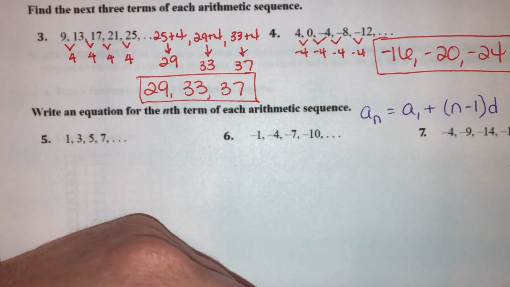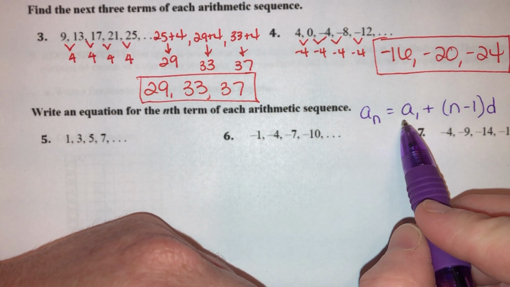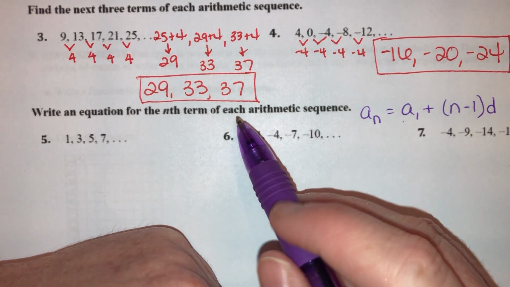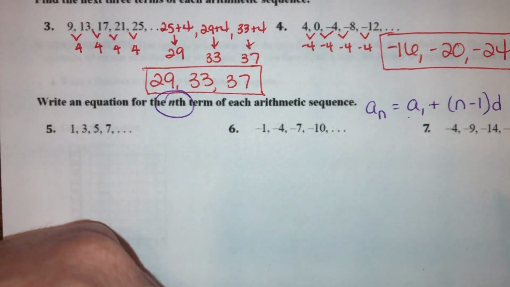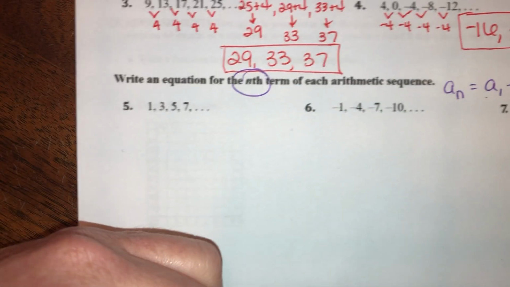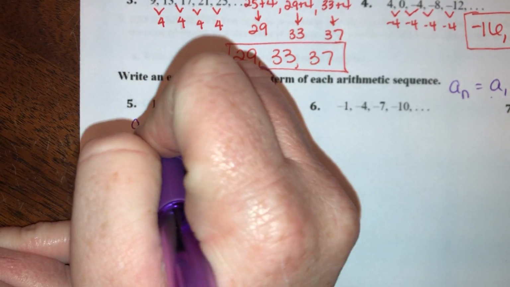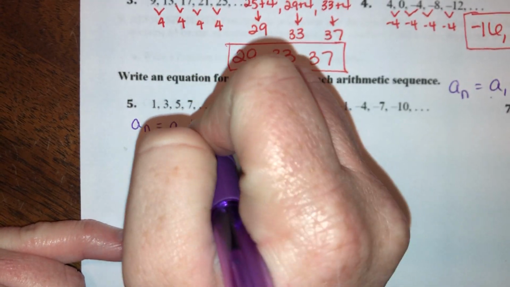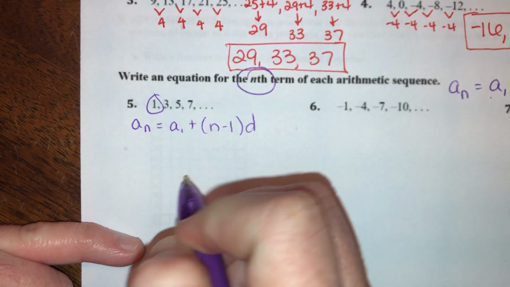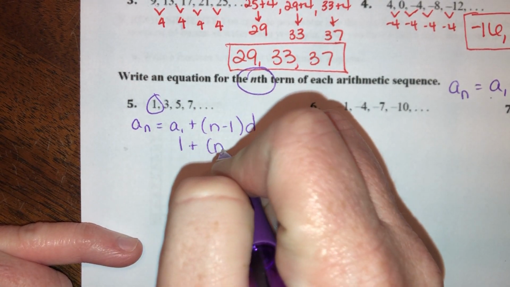Okay, so remember a1 is the first number in the sequence. n is what place we're looking for, which here, since it says the nth term, is just going to stay n for everything. And d is the common difference. So here a sub n equals a1 plus n minus 1 times d. a1 is 1. I don't know what n is.